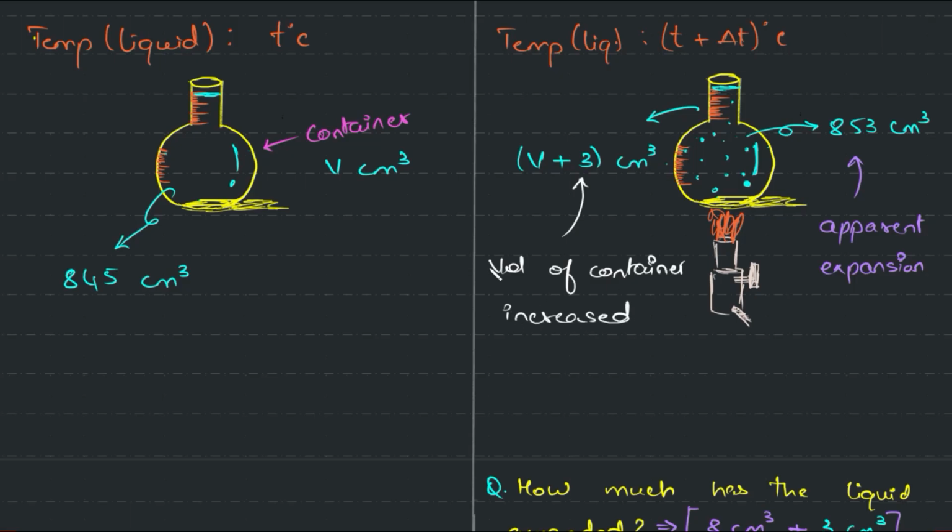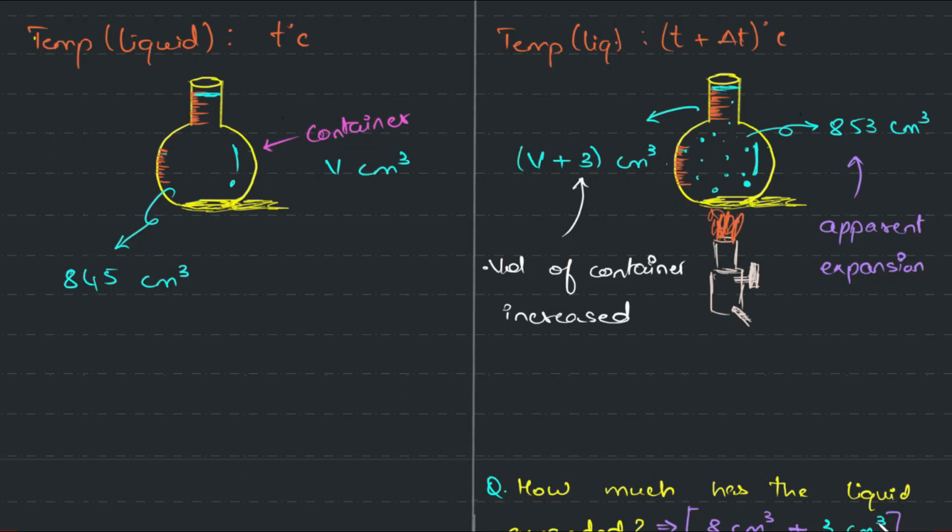And we know that liquid takes the shape and occupies the space that it is put in. So that being the case, it should occupy this space also. So that's why it's called as apparent. It looks like that, but originally it is this.